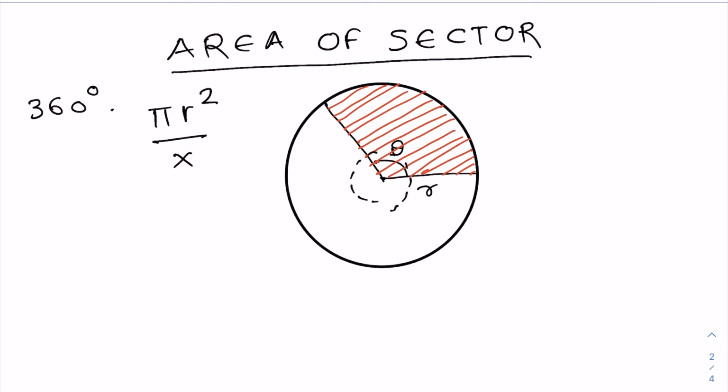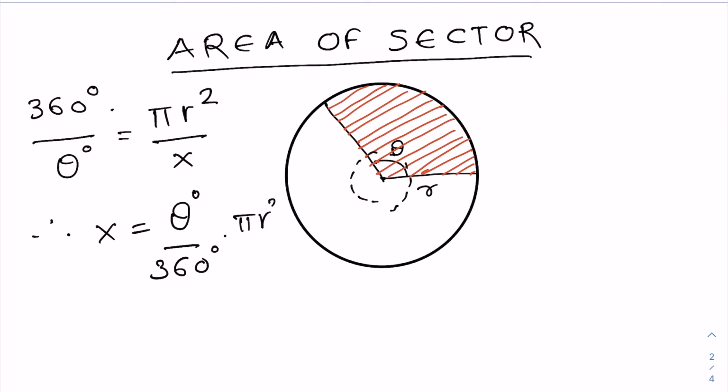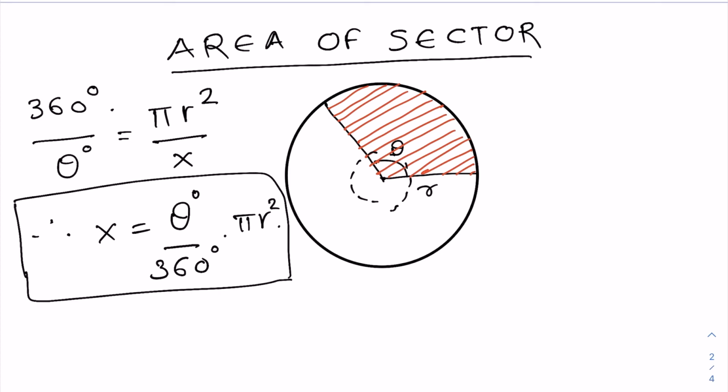When that is the sector area, the central angle is theta degrees. So what we have to solve for is x. If we simplify this expression, we get theta degrees over 360 degrees times pi r square. And this is pretty much the formula to find the area of a sector.